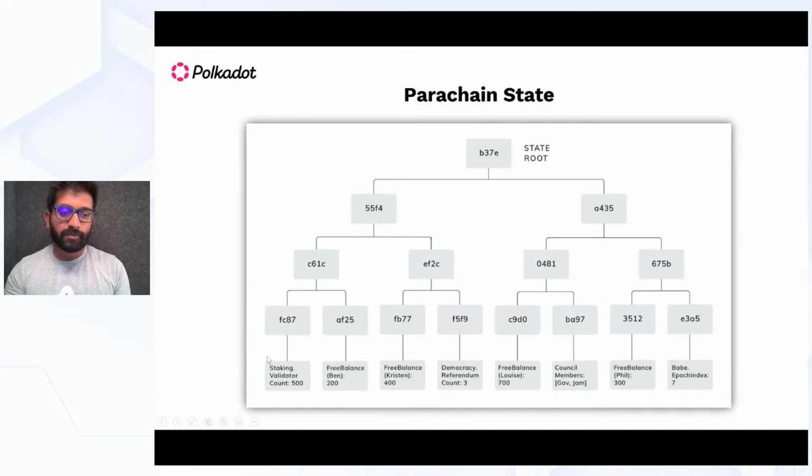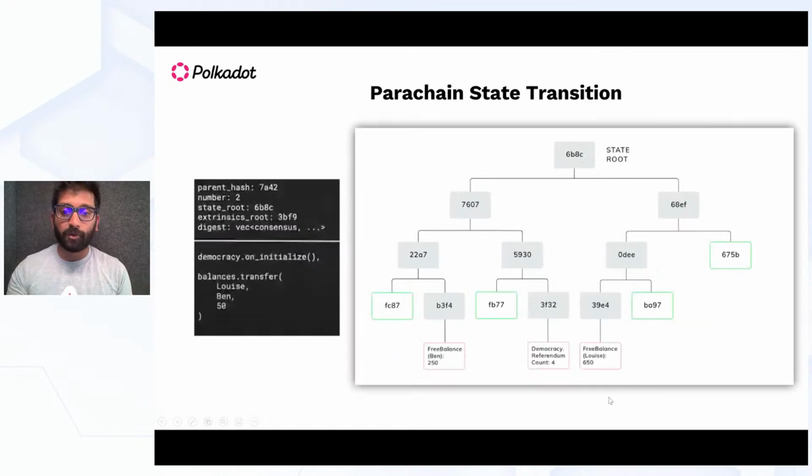The other ones, the validator count or balances of others or council, nothing has changed, so those remain the same. So the interesting thing is you need not send the entire parachain state to a relay chain validator. Instead, you could just send where there were changes, and then you can send just the hashes that were unchanged between these two blocks.